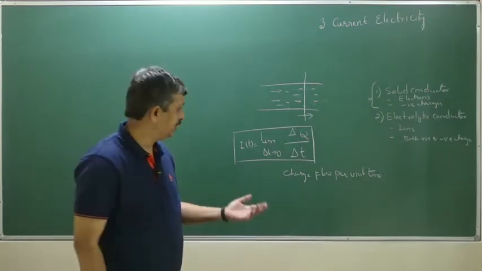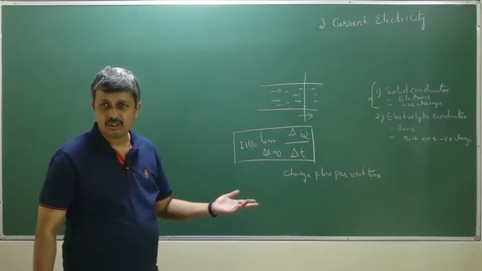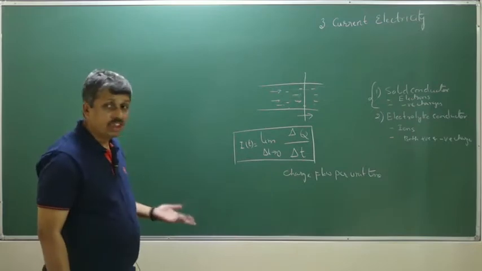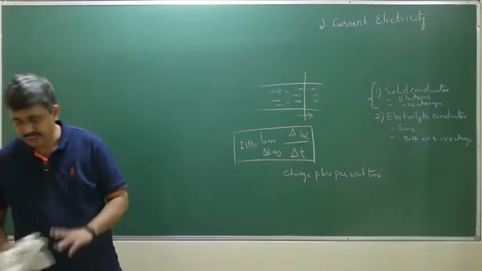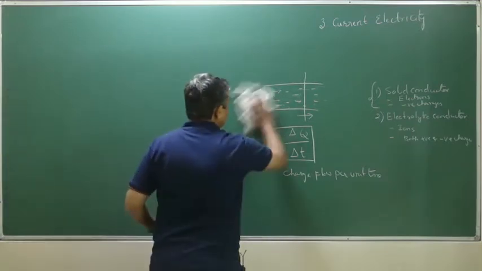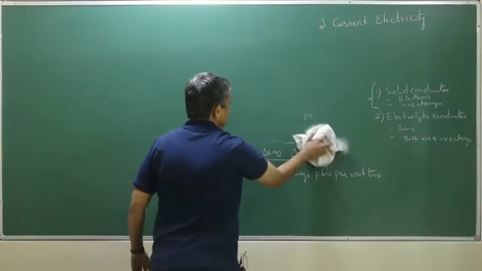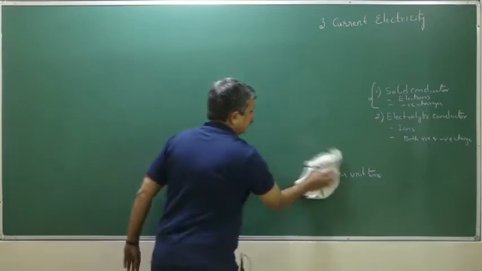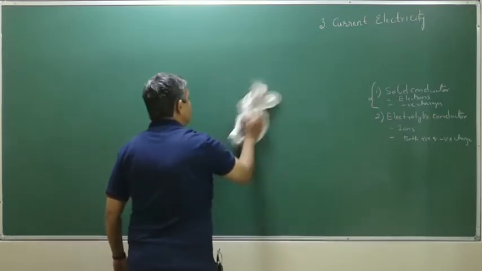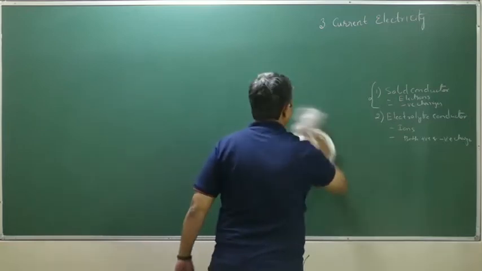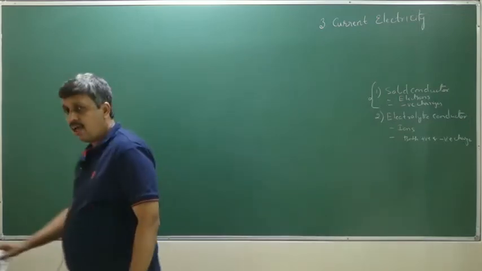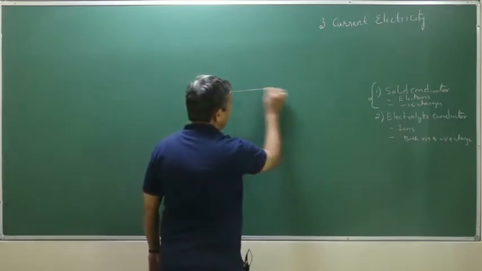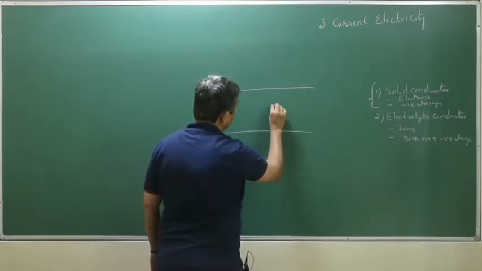The moment you have a conductor, the way it works internally is this: the conductor will have nuclei and electrons going around them. These electrons, the free electrons in metals, are not very tightly bound to the nucleus. If you take a conductor, there will be so many nuclei.